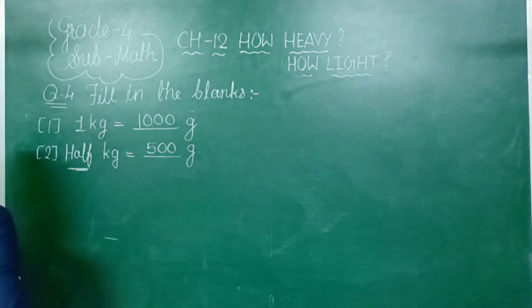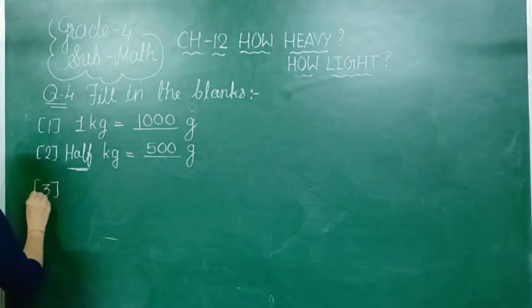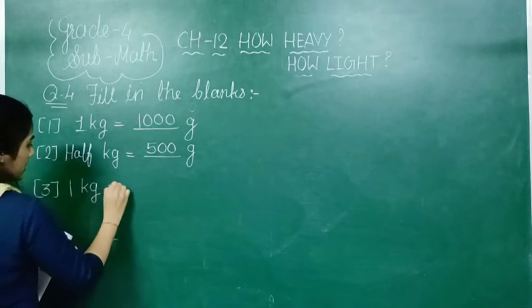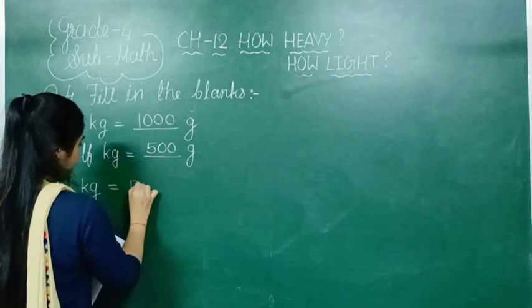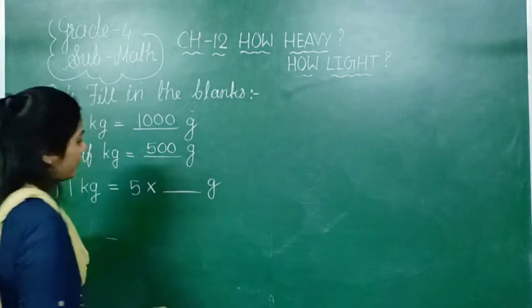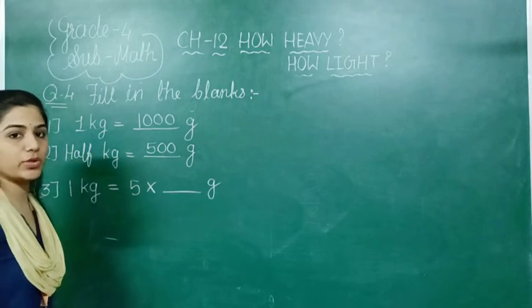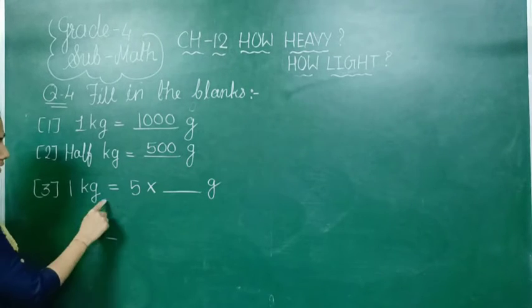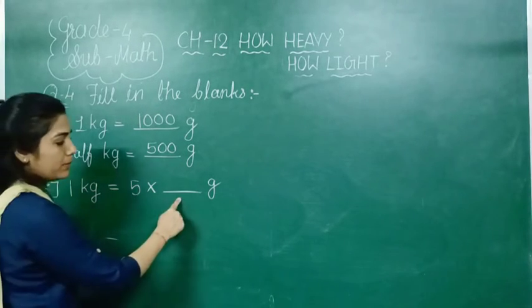Now number 3. Number 3 is 1 kg is equal to 5 multiplied by blank gram. For this kind of fill in the blanks, you have to find the method in rough space. 1 kg is given, equal to 5 multiplied by blank gram.